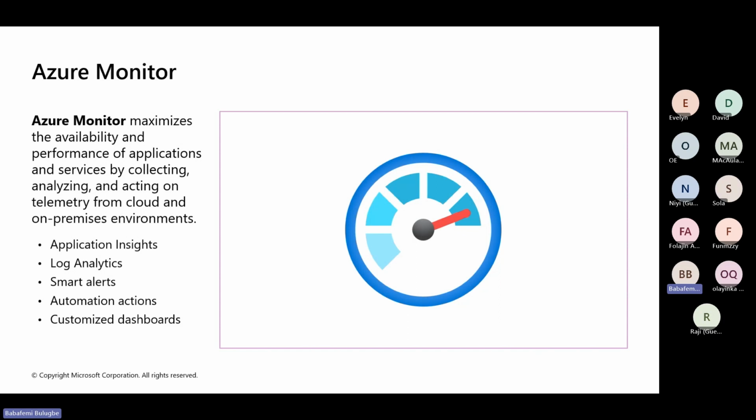But when it gets to 75%, automatically create another virtual machine to cater for the incoming traffic. So you are automating what action should be done once that smart alert is triggered.